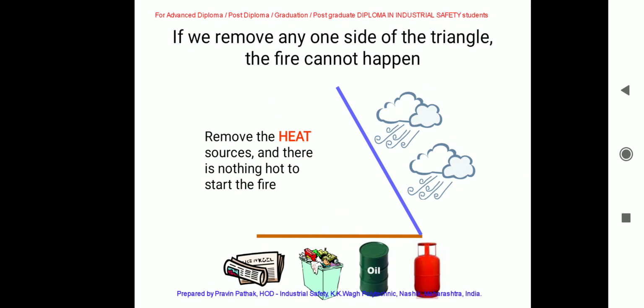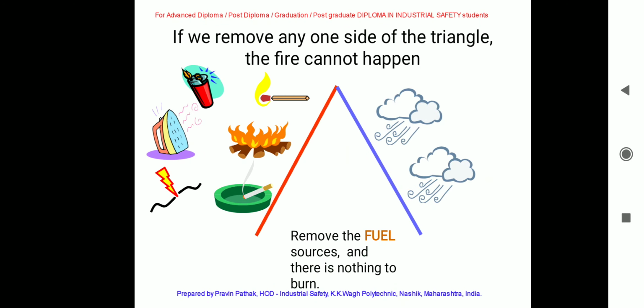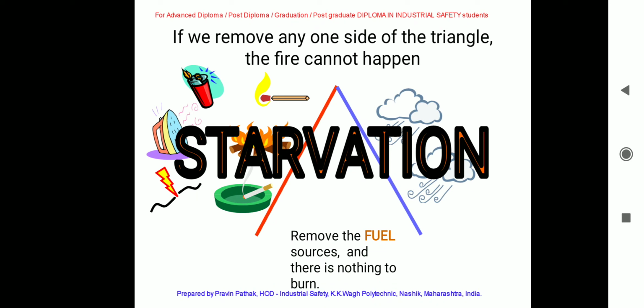These are simple examples. If we remove one side of the triangle, then the triangle can't be completed, it means fire can't happen. So that is the heat example, and the method is cooling. In a similar line, for the fuel case, it is called starvation. If we remove the fuel, then fire can't happen because the fire triangle can't be completed.